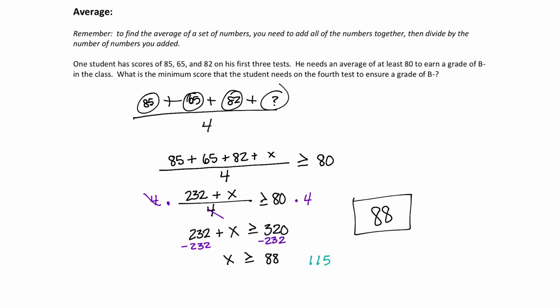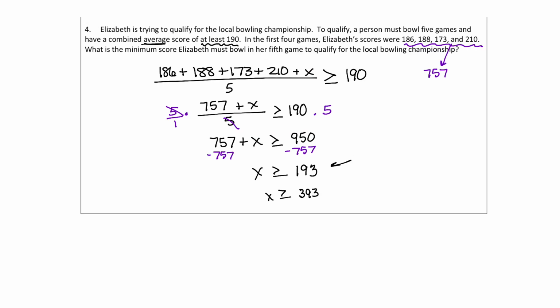If these are percents, you can't get more than 100% without getting extra credit. So if extra credit wasn't possible, there's no way you could get the grade that you were trying to get. Okay? So it does help you figure out what's possible, what isn't possible. But in this case, it's totally fine.